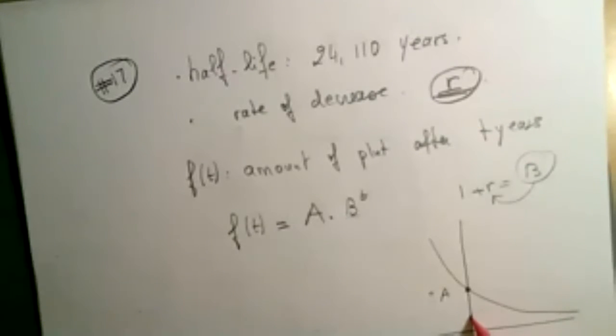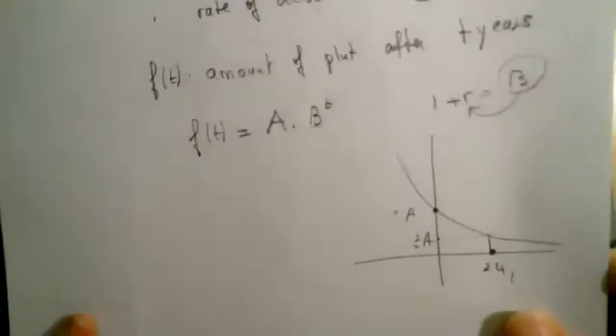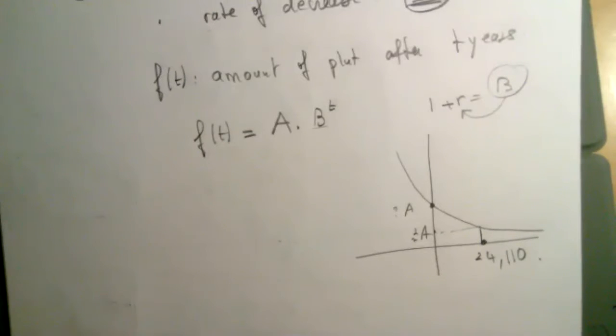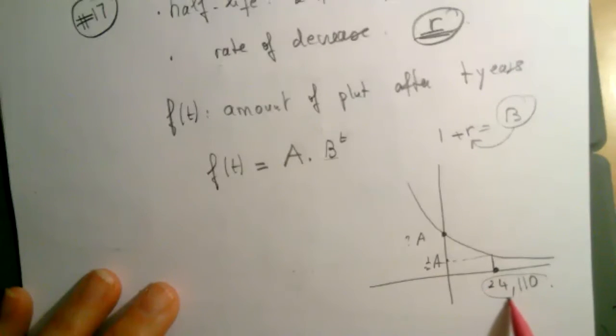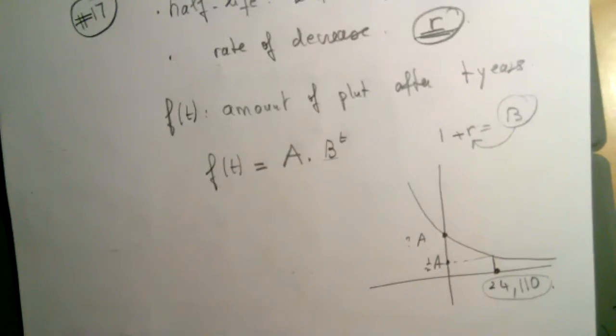I know that right here I have 24,110. It means I know that after 24,110 years, I have half of what I started with. How can I use this information to find b?